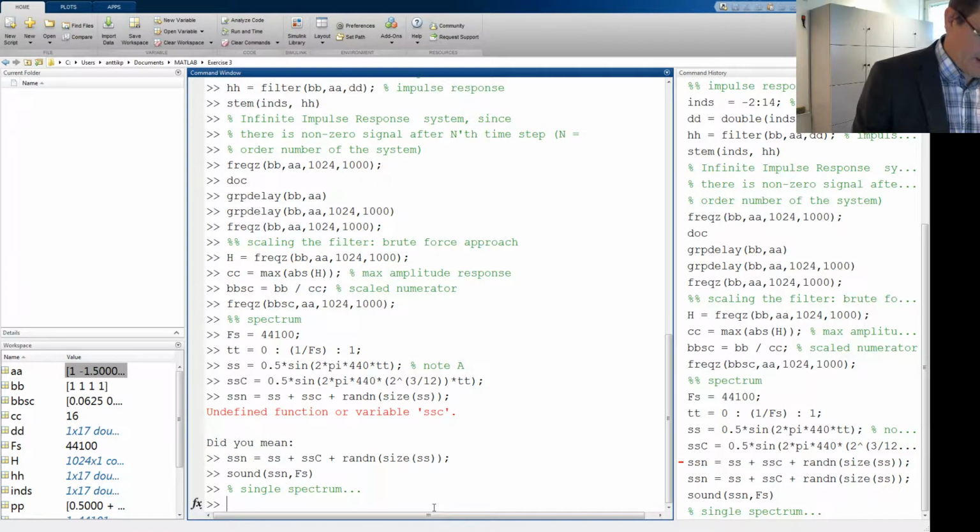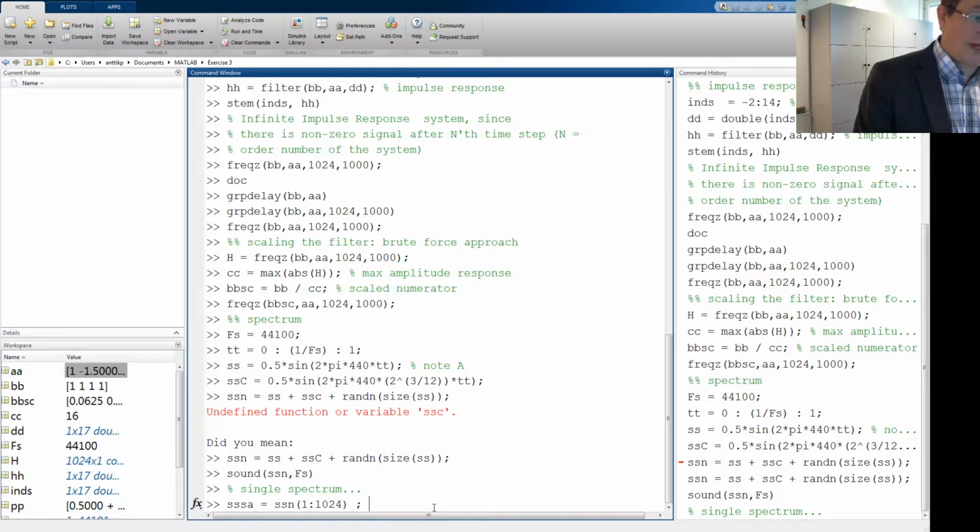So SS, that's the sample, or SSA. This would be the first 1024 points.